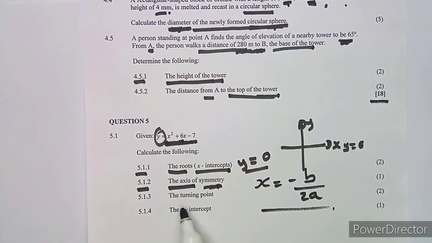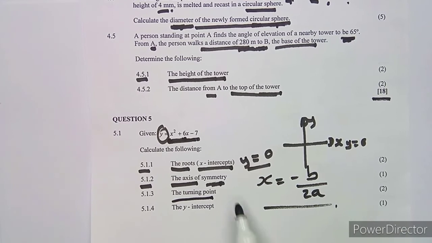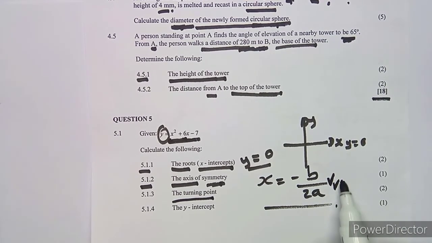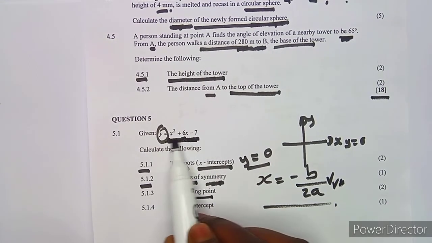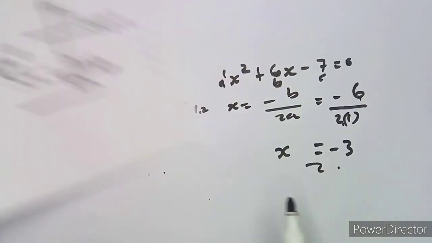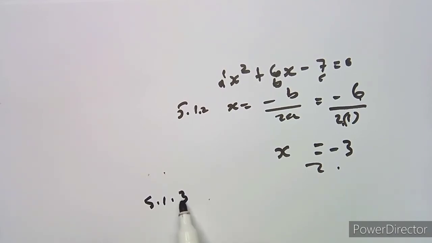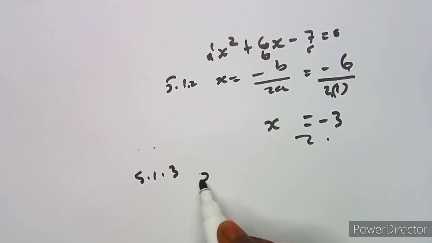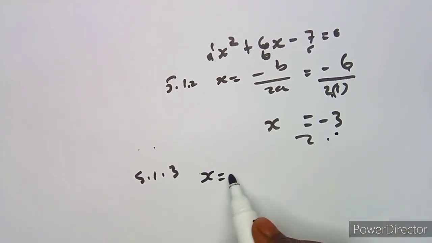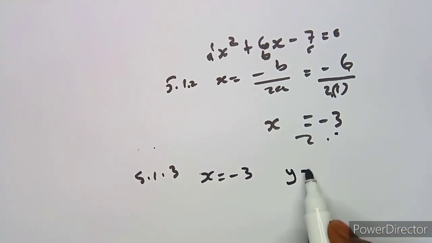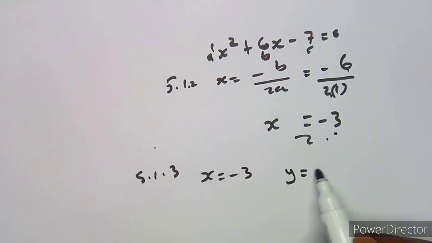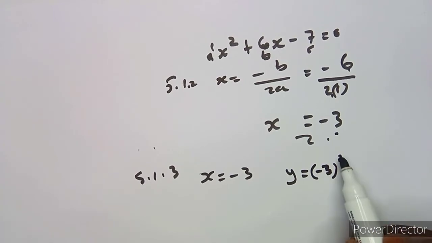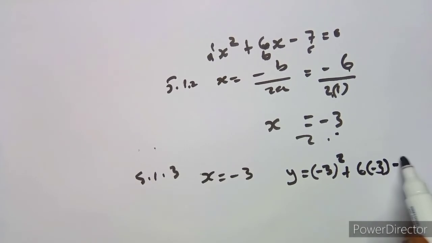All right, then the turning point, remember the turning point, it's on a condition where x is this value of the x of symmetry, and the value of y, you just substitute it into the original value of the equation. So which means on 5.13, already the value of x at turning point is the one at the x of symmetry, which is x is minus 3. So y is going to be, you substitute minus 3 in place of x here. So it's minus 3 squared plus 6 into minus 3 minus 7.